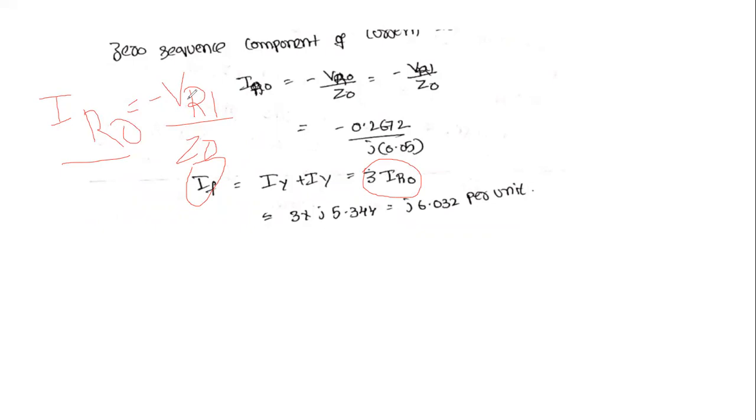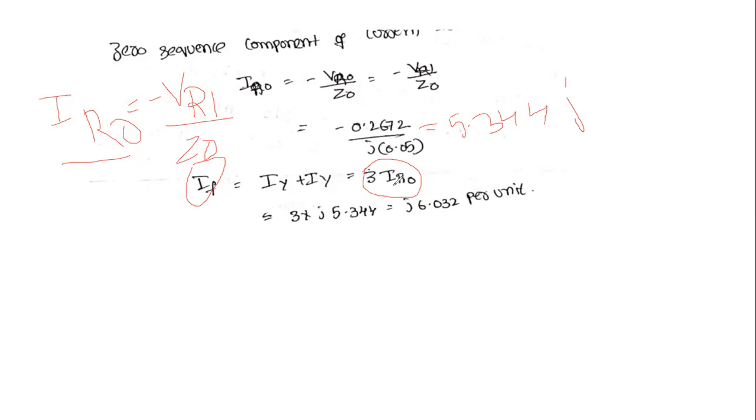That is minus VR1 by Z naught, that is minus 0.2672 by J 0.05. We are substituting this value in this equation. Therefore, IR naught is equal to 5.344 J.